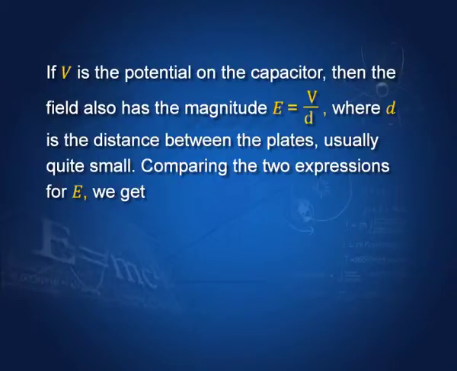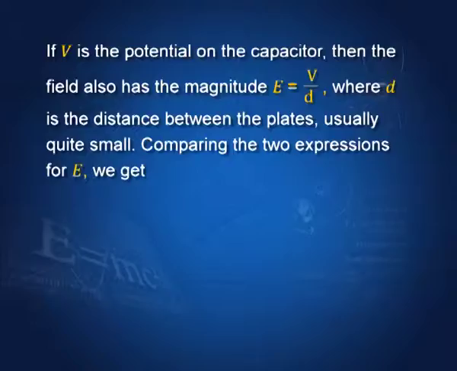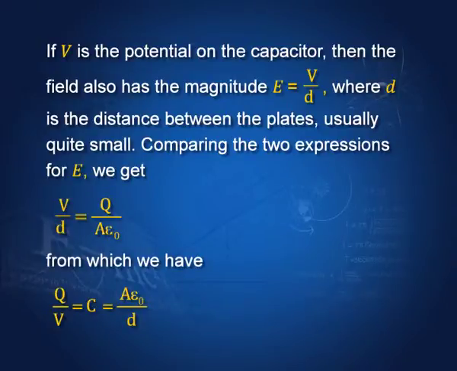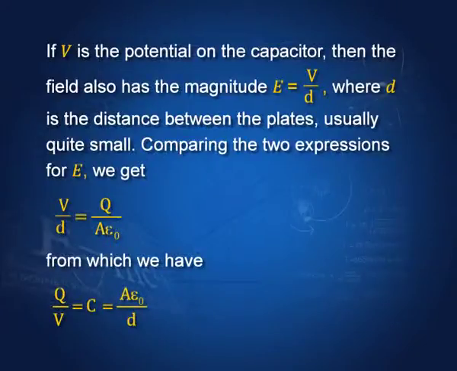Recall that electric field is the potential difference divided by the distance between the two plates. So, we equate V by d with q by A epsilon 0, and from this we get q by V, which we have already defined as C, equal to A epsilon 0 by d. So, A epsilon 0 by d is the expression for the capacity of a parallel plate capacitor.